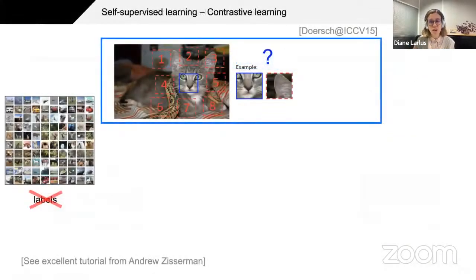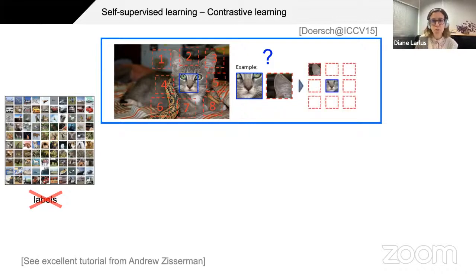So one of the early approaches for self-supervised learning is based on the proxy task of context prediction. So given a patch extracted from an image, such as, for example, this cat face patch that you see, and a second patch that is extracted in its surrounding, the model is asked to predict the relative position of the second patch with respect to the first one. So as you can see, this is a supervised classification task.